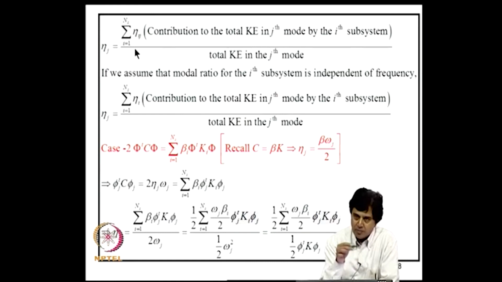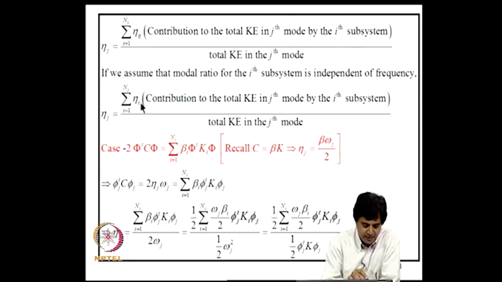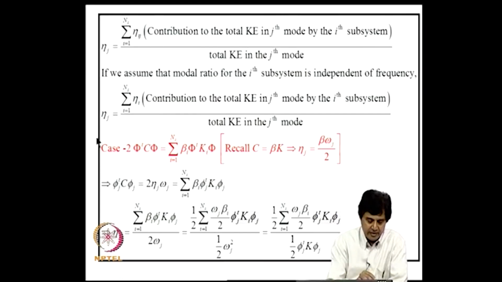For all modes that is true. So, we will assume that eta ij can be approximated as eta i. So, I get an equivalent damping for the jth mode of the global system in terms of the material damping and kinetic energy in different parts of the structure.